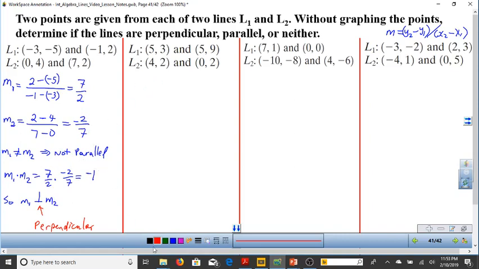Let's try these two guys. The slope of line 1 is y2 minus y1 over x2 minus x1. That gives us 6 over 0. That's undefined, which means this is a vertical line.